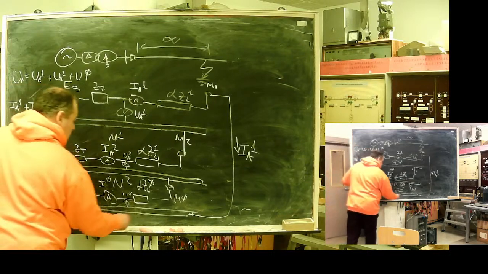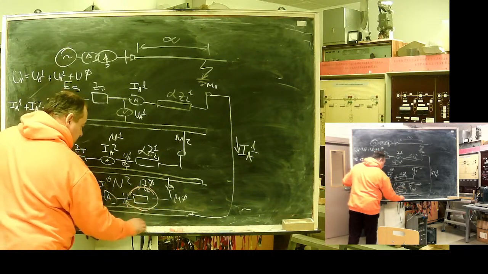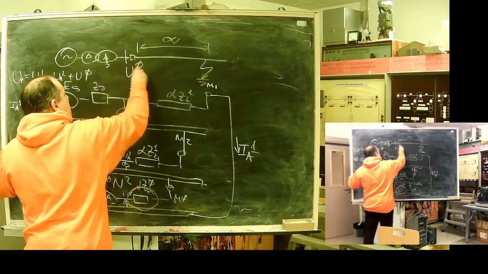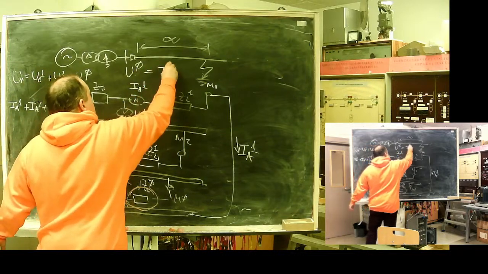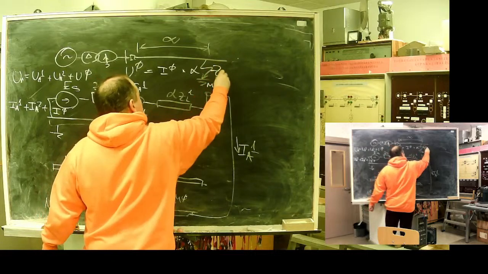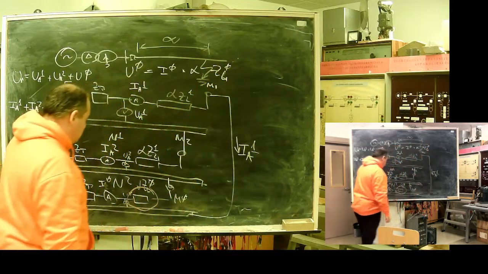Actually, here I will use red. This part from the common voltage U0 equals zero sequence current multiplied by alpha, that line of zero sequence.